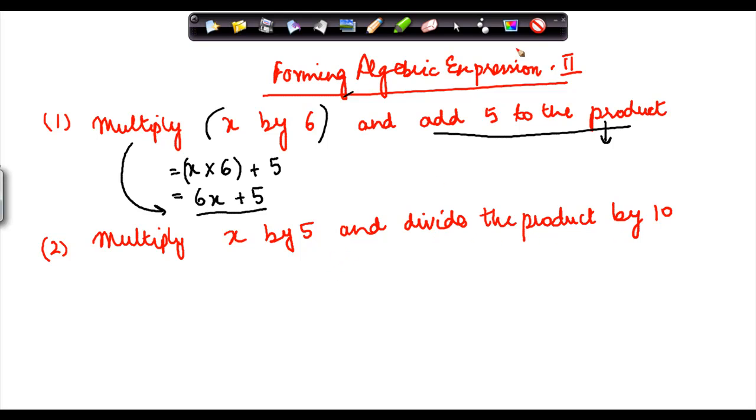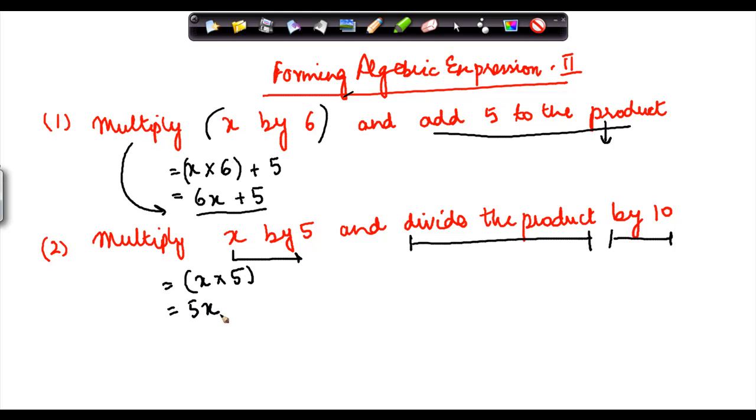Again, just the same logic as I had applied earlier. We have to divide the product by 10. So first I find out the product, which is x multiplied by 5. This will give me 5 times x, and then whatever is the product, I divide it by 10. So 5x by 10, we know that 5 goes into 10 2 times, and I can also write this expression as x upon 2.